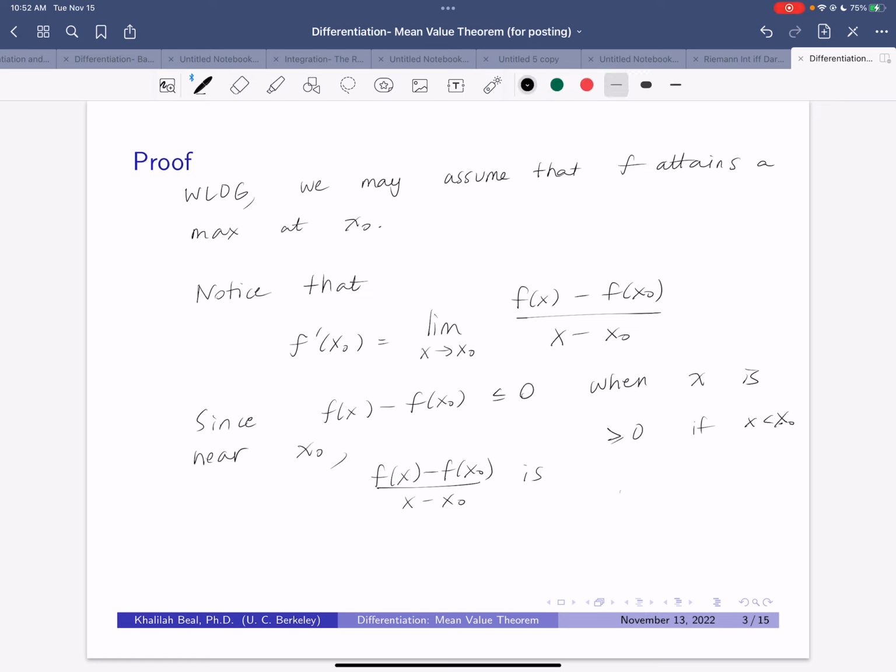And we'll have a negative number if x is greater than x naught. So f prime of x naught must be equal to 0.